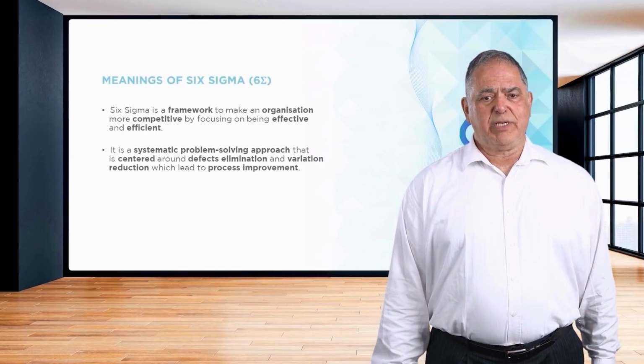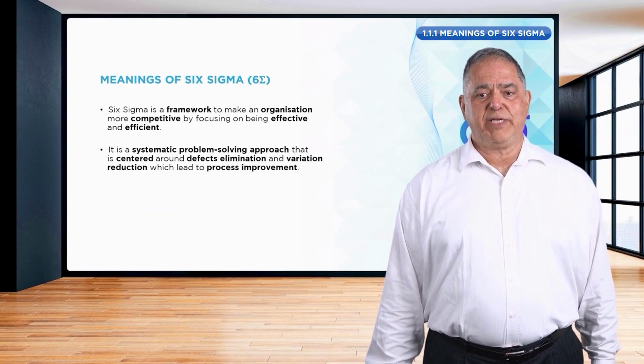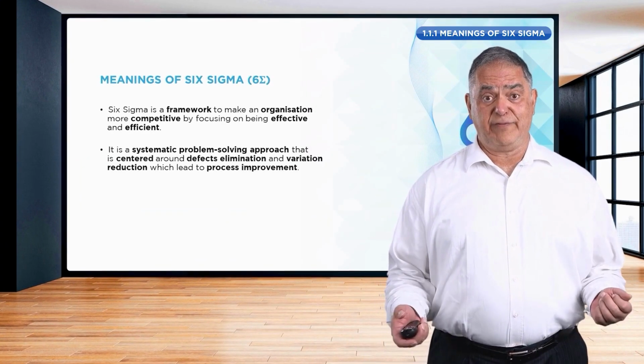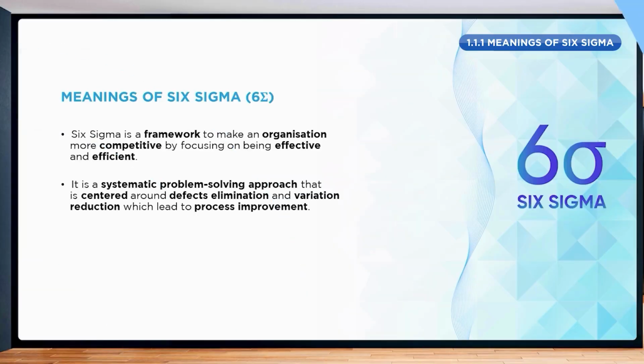So chapter 1 is about the basics of Six Sigma and the define phase of the DMAIC. Six Sigma has several meanings. It is a philosophy, a methodology, a set of tools and techniques.